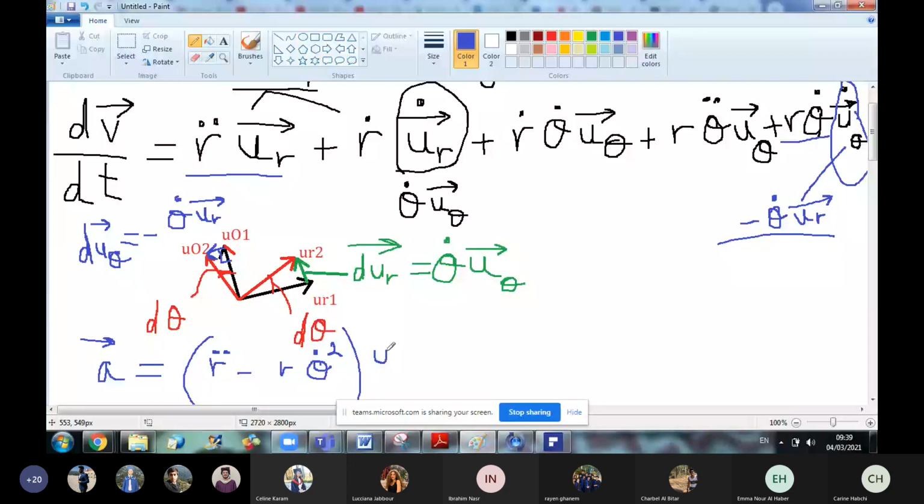And now to find the transverse component of acceleration, I will sum the u theta expressions. The first component along u theta is r dot theta dot u theta. And notice that I have the same component again, so I have r dot theta dot u theta plus r dot theta dot u theta, so 2 times r dot theta dot.